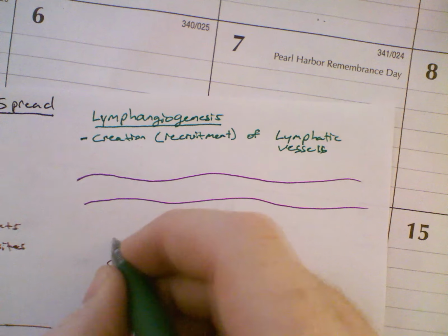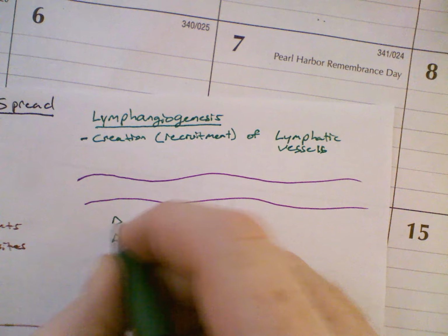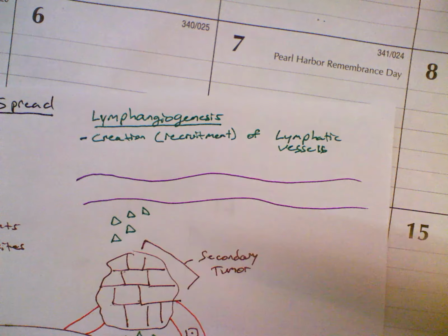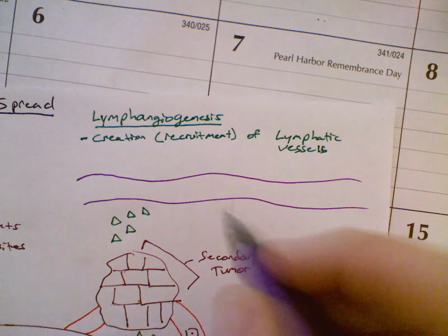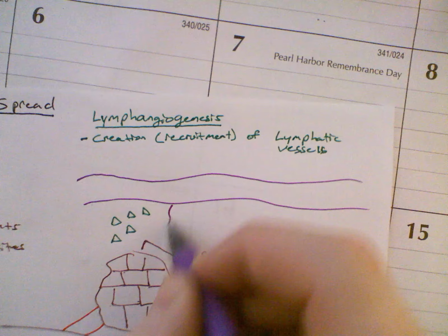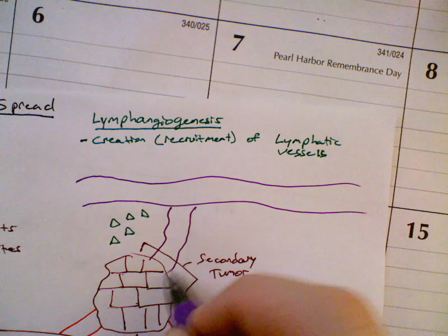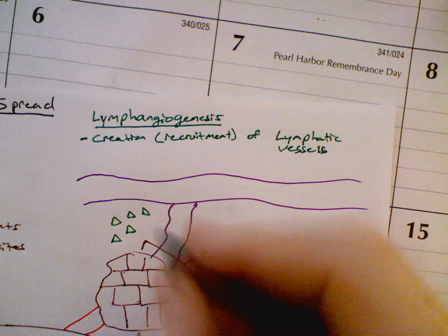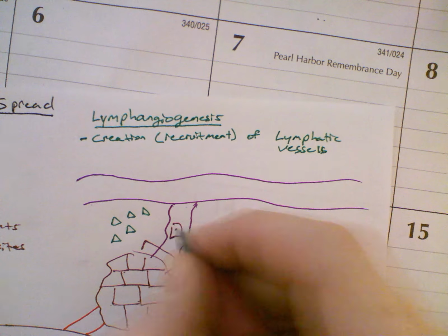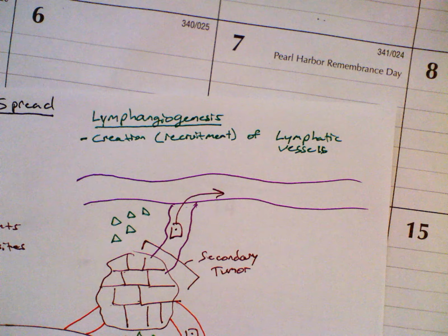We would see vessel recruitment just like we did in angiogenesis, and we could end up with, we'll do it over here, lymphatic vessel recruitment, and then possible spread through the lymphatic system as well. So it doesn't just have to be blood vessels, it could be through the lymphatic system also.